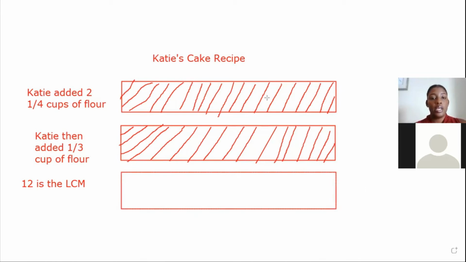So we can get to cutting up our fractional bar, so we can get the pieces. The 12 sections are 12 pieces. So let's go 1, 2 pieces, 3 pieces, 4, 5, 6.